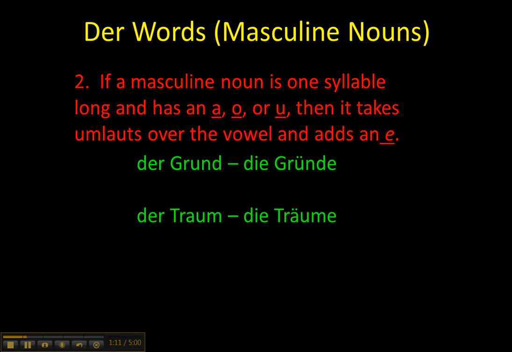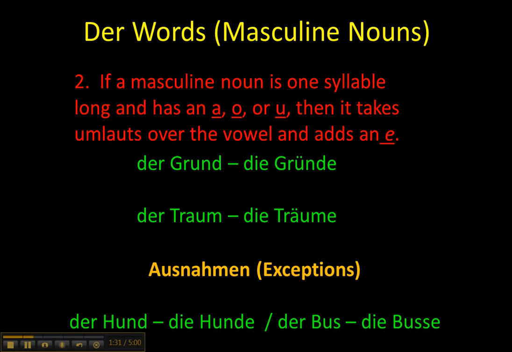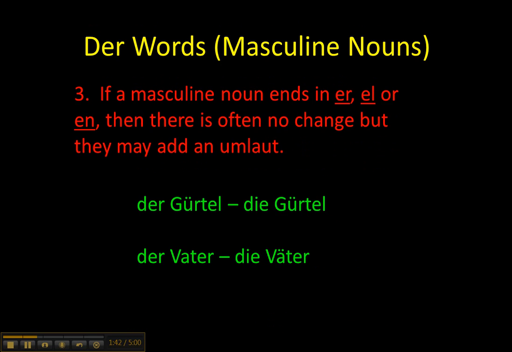The second rule with masculine nouns is if a masculine noun is one syllable long and has an A or U, then it will prefer to take umlauts over the vowel and add an E. For example, der Grund, die Gründe, der Traum, die Träume. There are some pretty notable exceptions to this rule. Der Hund, die Hunde, der Bus, die Busse. So you need to be careful, but more often than not, they will do this.